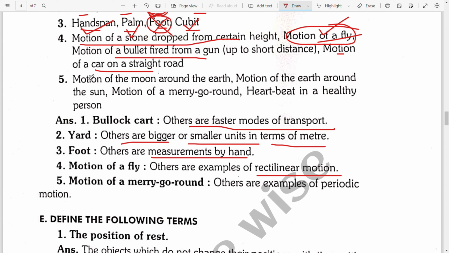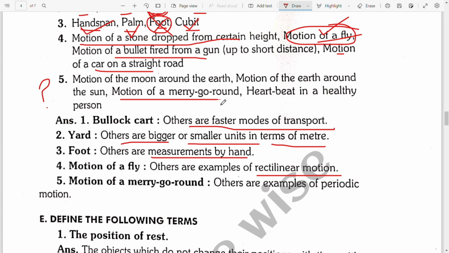Fifth question: motion of moon around the earth, motion of the earth around the sun, motion of merry-go-round, heartbeat in a healthy person. So all these motions are the example of... you only tell. Think and tell. I'll tell you the odd one out.